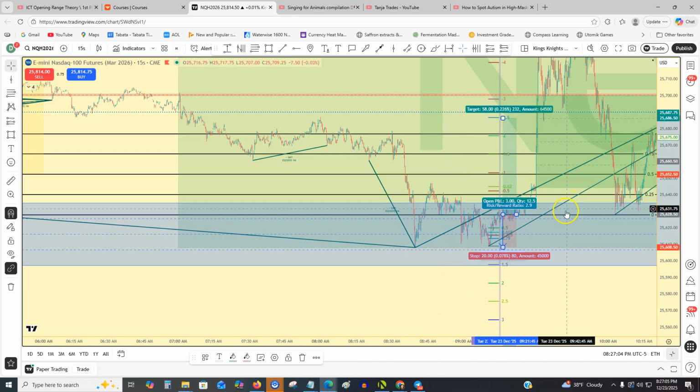So that would have been a nice successful trade. Even if I would have gone just to 1, that would have been a successful trade, but it wouldn't have been much of a ratio. All right, so that's it.